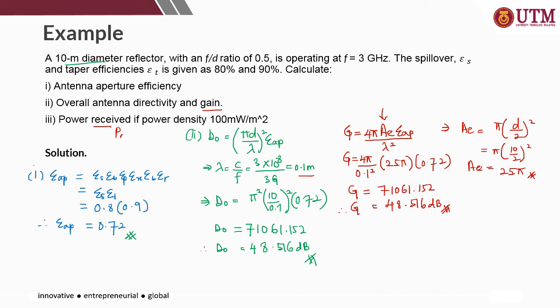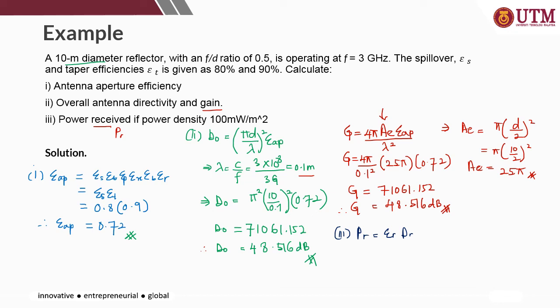And lastly, number 3, power received. So PR is equal to the efficiency of the receiver, or in this case the one that we have is the aperture efficiency, multiplied with DR. This is a general equation, so DR is the directivity of the received signal.